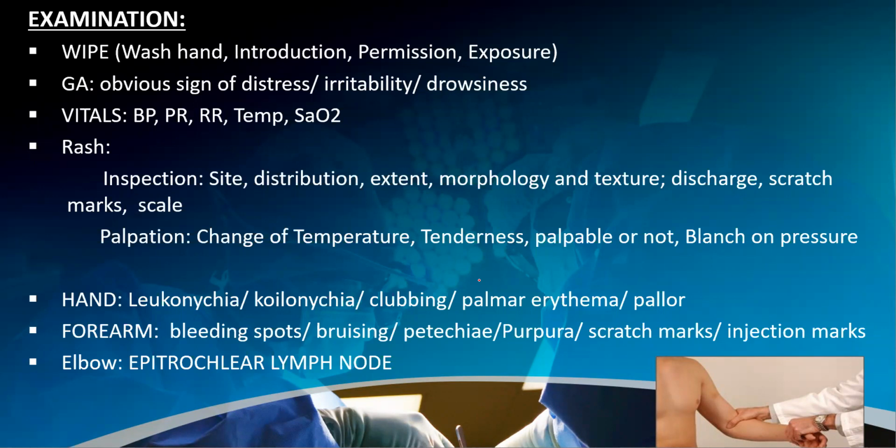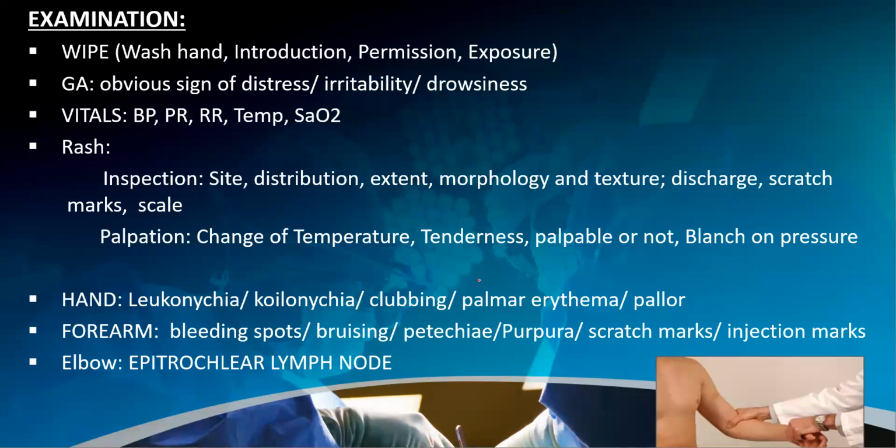On palpation, I'm looking for any change of temperature, any tenderness, is it palpable or not, and is it blanchable or not. So what I'm doing is just telling David that I'm examining the rash, and then all the things I'm telling to my examiner. So this is exactly what you can do in this sort of task.